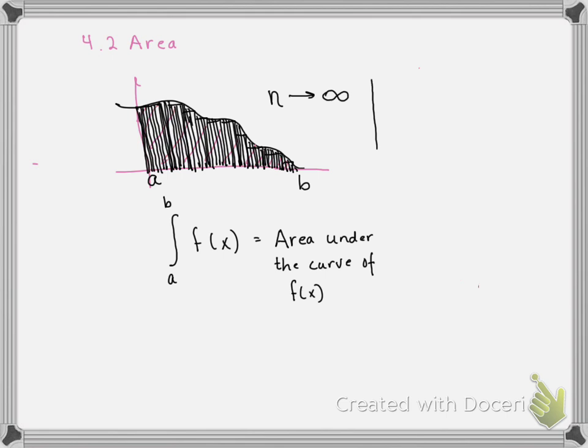So that's the concept that we're going to use to find area under a curve that is not a normal geometric shape that we're used to working with. So we would have some very strangely shaped curves here that we can find the area under, as long as we know the formula for the curve and the endpoints.